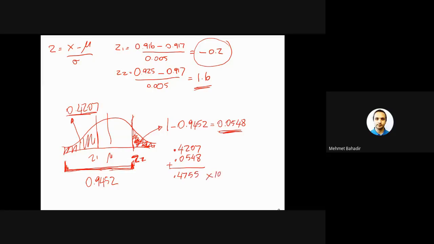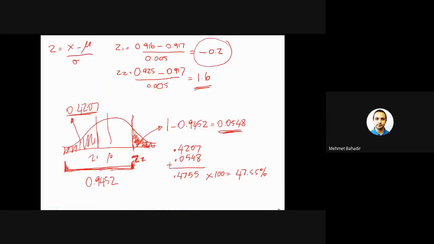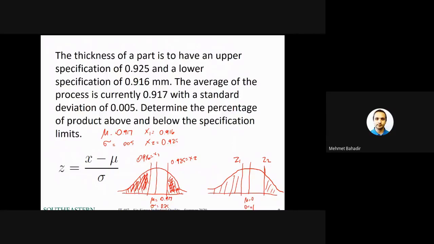Let's multiply by 100. So 47.55% of all the parts are above and below the specification limits. So this area represents that 47.55% of all the parts are either below the specification limit or above the specification limit.